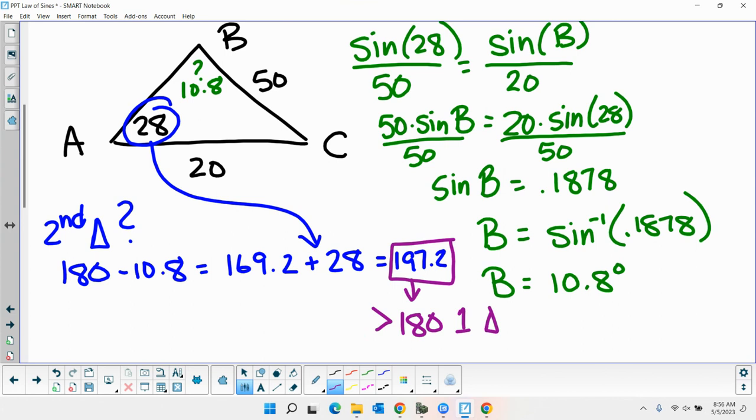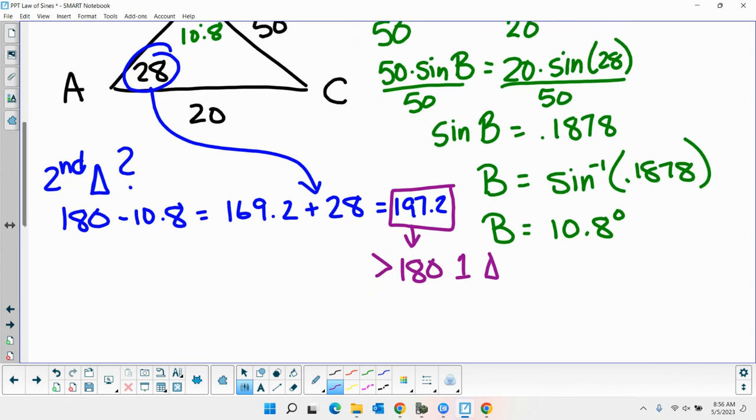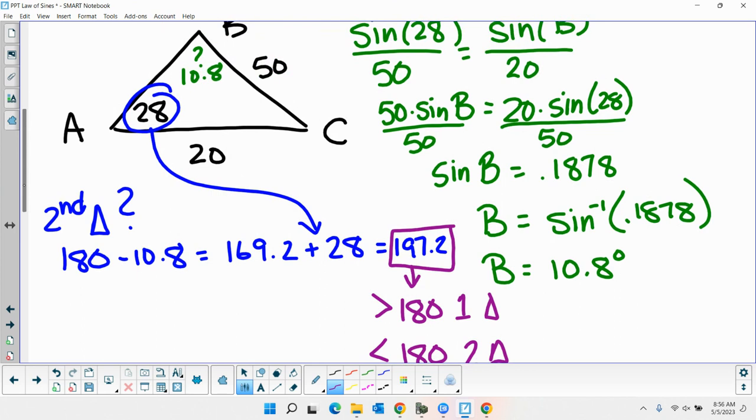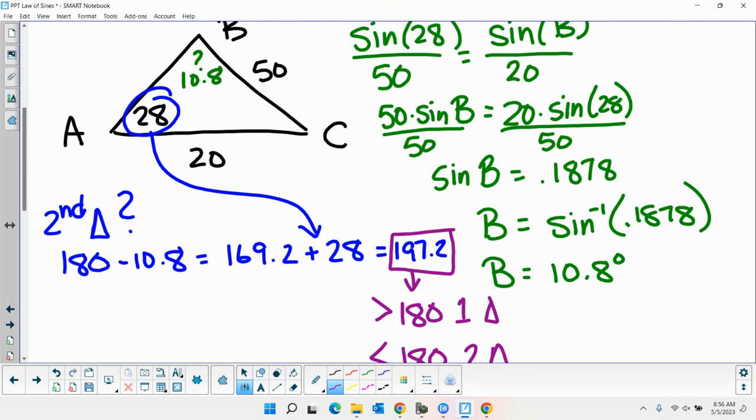But if that answer was less than 180, then there's two triangles. Okay? Let me go through that again. We got that angle B was 10.8 degrees. We find the supplement of 10.8, so that means we subtract it from 180 and we get 169.2. And then we add the original angle they gave you, and that became 197.2. Since that answer was bigger than 180, there's only one triangle.